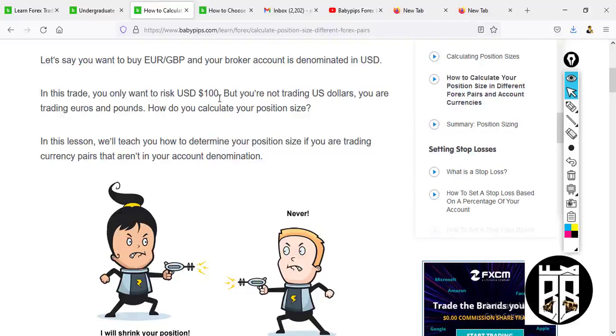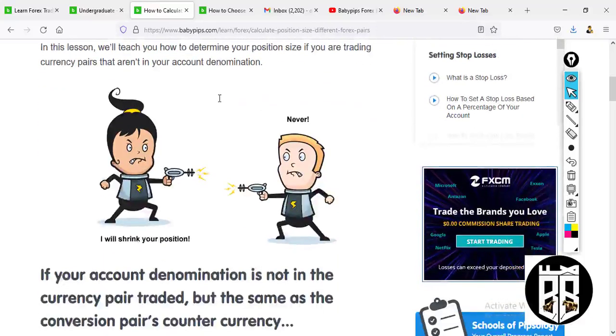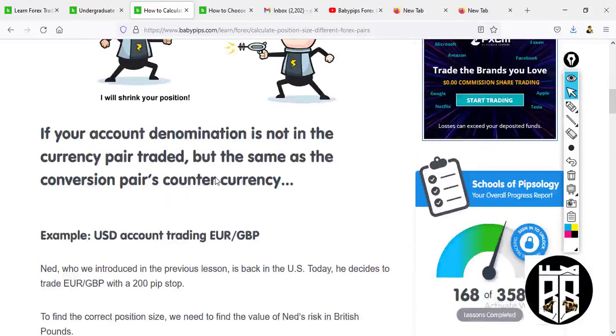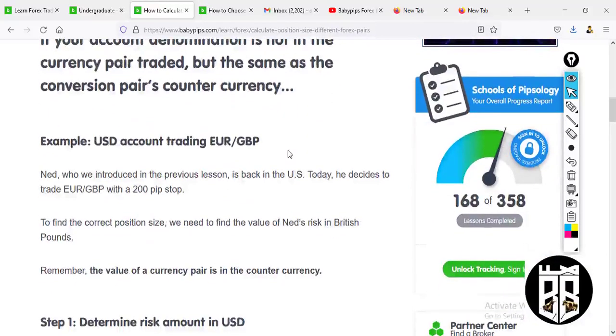In this lesson, we are going to learn how to calculate your position size if you are trading currency pairs that are not in your account denomination. If your account denomination is not in the currency pair traded, but the same as the conversion pair's counter currency, for example, a US dollar account trading Euro Pound.